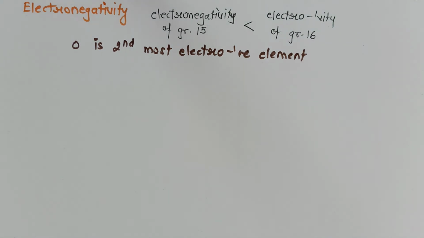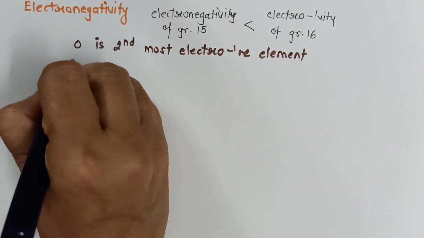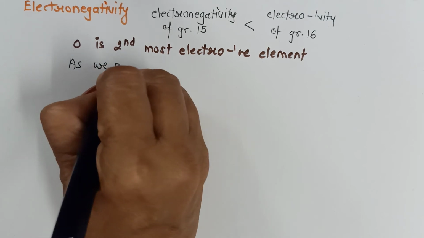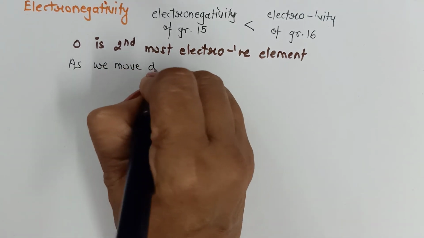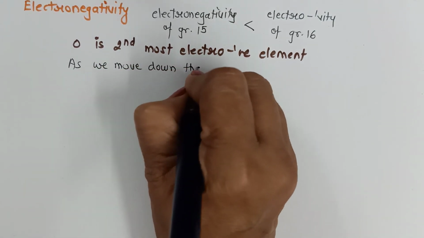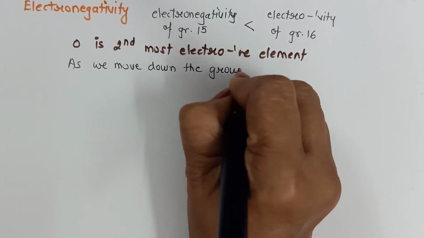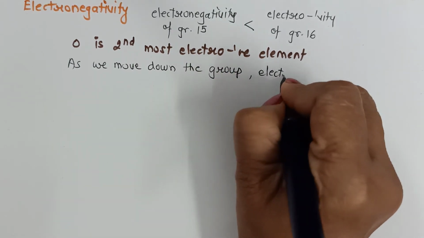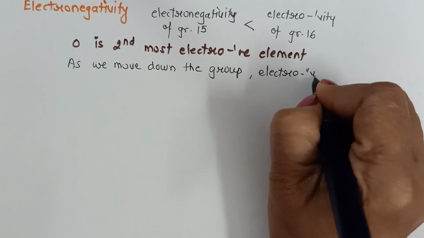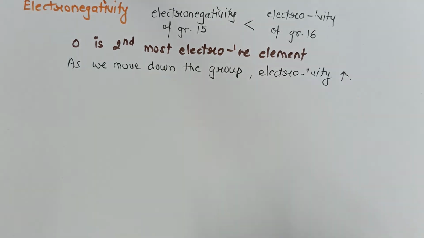However, as we move down the group, electronegativity decreases. This is due to increase in size. We know the meaning of electronegativity: it is the tendency to attract the shared pair of electrons towards itself.